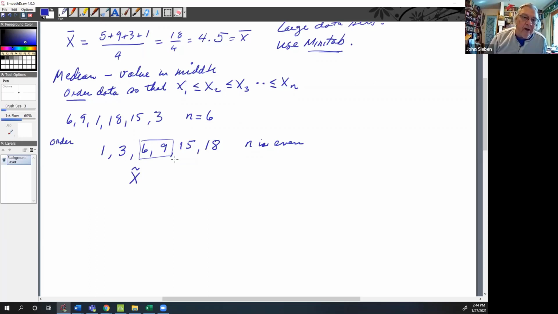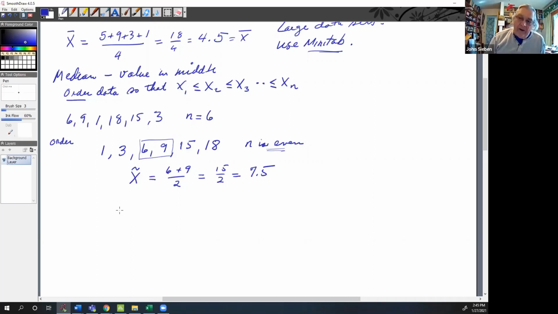Because I'm computing it from a sample. So the median x tilde I would get by averaging 6 plus 9 over 2, and 6 plus 9 would be 15 over 2. And so the median would be 7.5. If n is even, we're going to have to average the 2 numbers that stand in the middle.